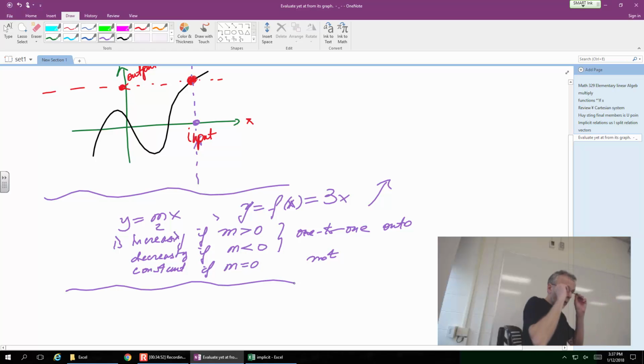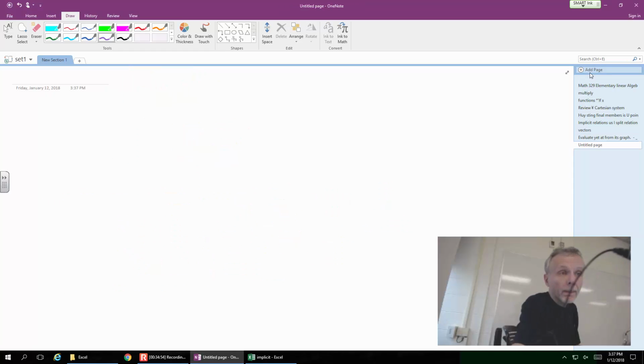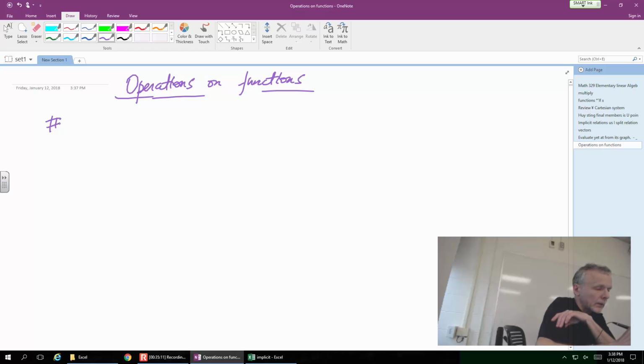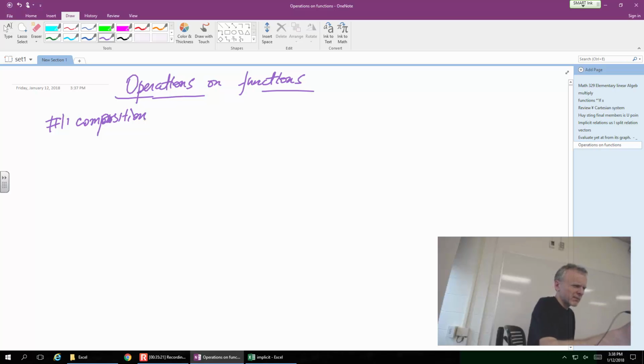Okay, so more operations on functions. Number one, always, usually it's number 5, but always is the composition. Composition. But there are others.